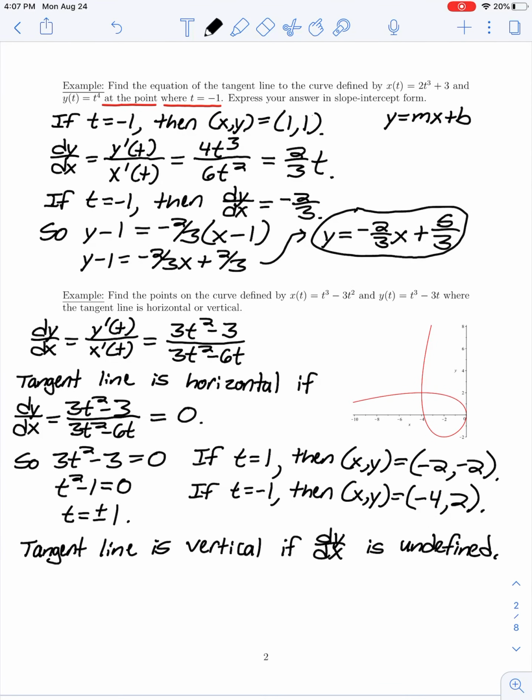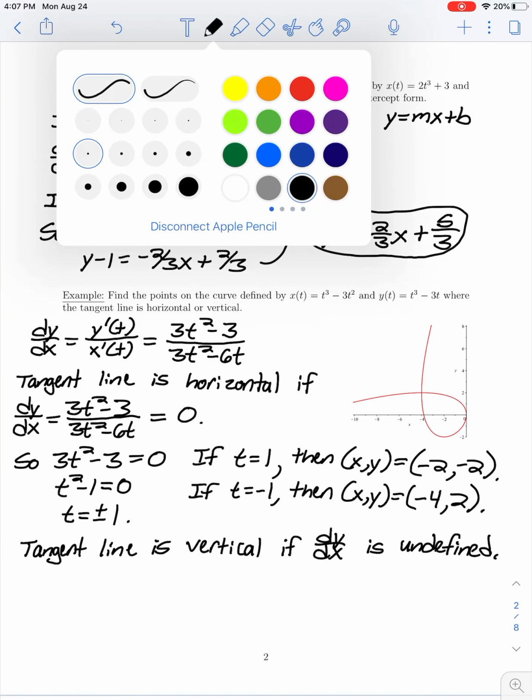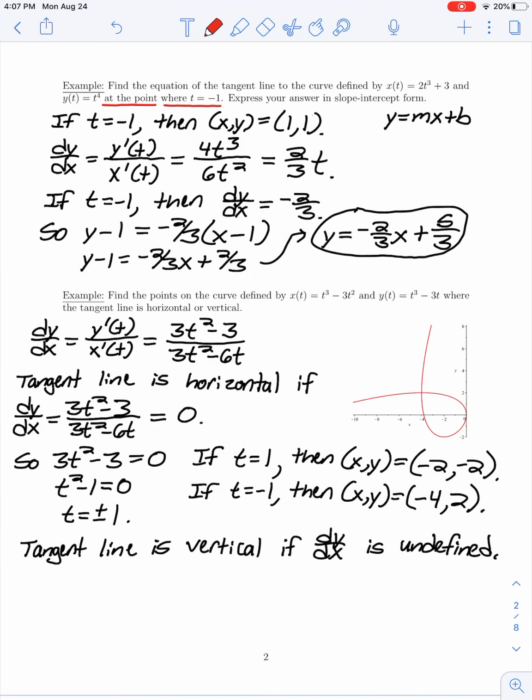So if the tangent line is vertical, the derivative, which is the slope of the tangent line, would need to be undefined. So looking back at our earlier work, we found the derivative dy dx to be the following ratio. And the only way that this ratio would be undefined is if we have a 0 for our denominator. We know that division by 0 would be undefined.